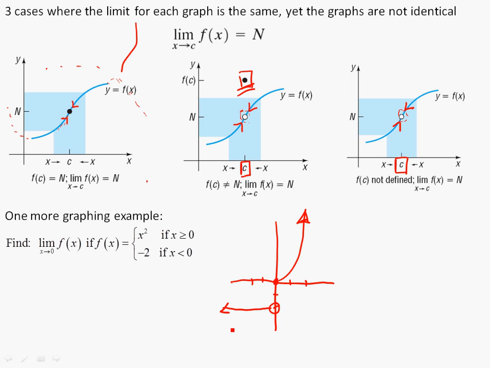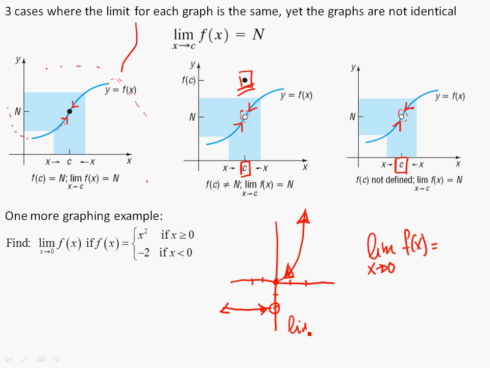Okay, what's the limit? As x approaches 0, what's the limit for this function? -2? Why? Because you're coming from the left and you're approaching and you're at a -2? But what happens when you come from the right, when you come from above? What value are you approaching? Okay, and then this is how you can write that.